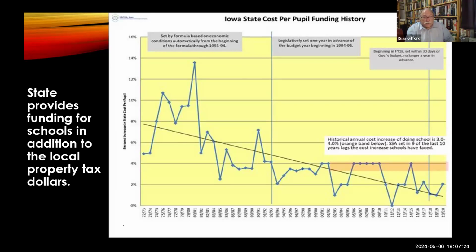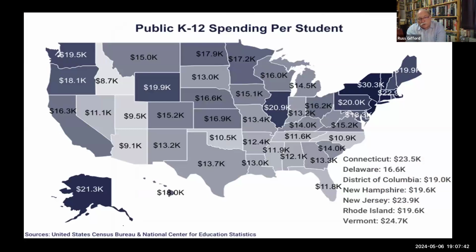Notice what this trend line is showing us. Since the 70s, this has been on a downward trend, as far as money they're paying per pupil across the board. And this is just for your edification. This is what your state is providing per student. Okay. And this is K to 12.